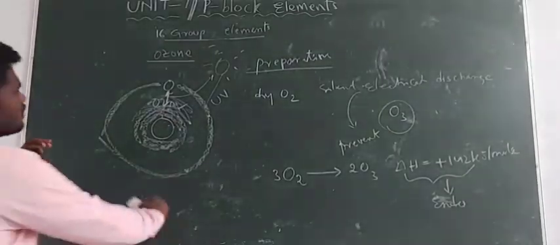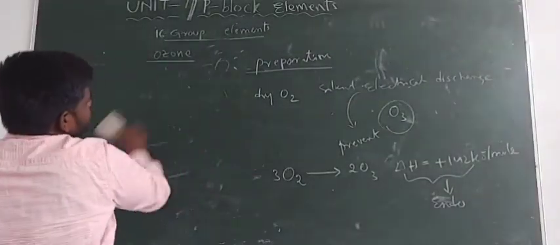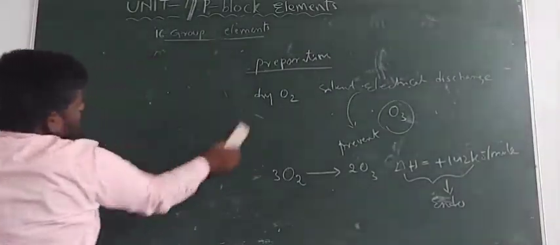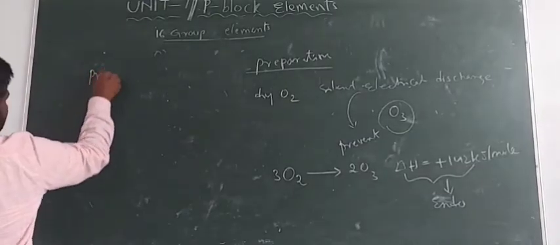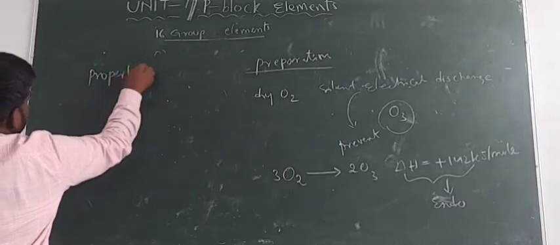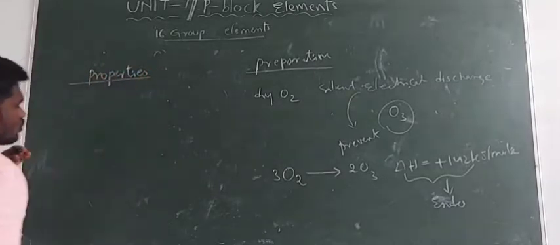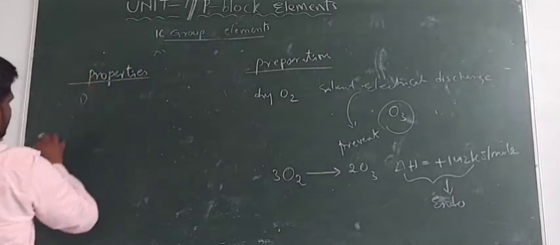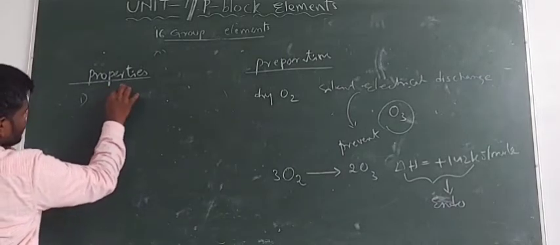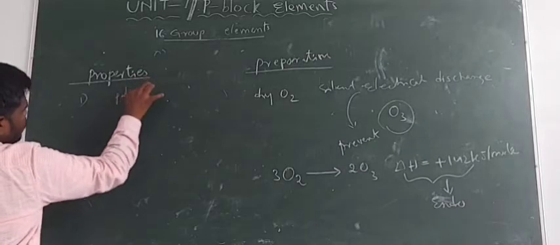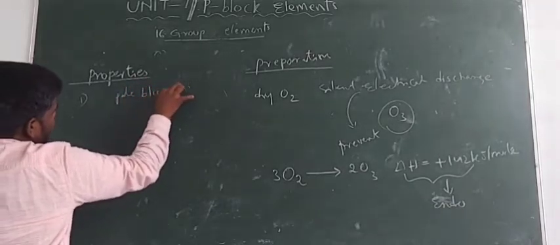So next we need to discuss the properties of the ozone. Right guys, first one, ozone is a pale blue gaseous substance.